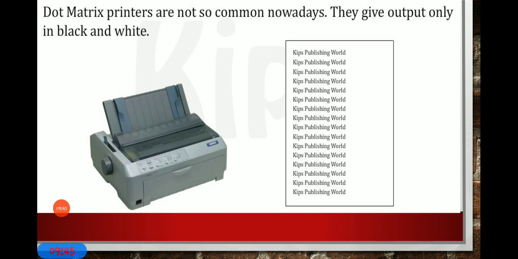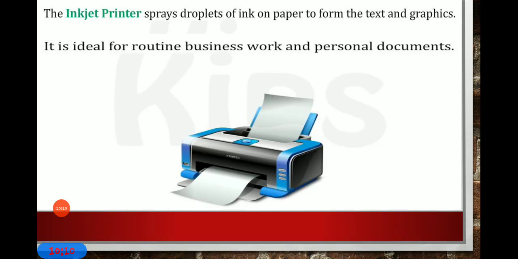Not so common means less used by people around the world, because they give output only in black and white. It is very noisy, and its printout is not in a good quality. So that's why.